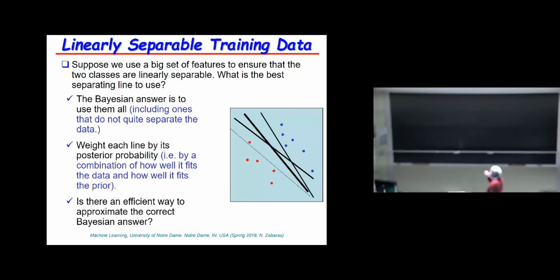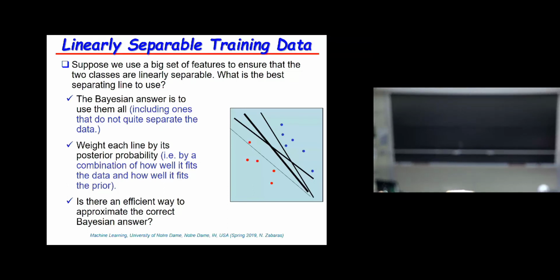If you look at this data here, these blue points are class 1, and the red points are another class. You will see that these dark lines are all possible solutions. All of them are acceptable classifiers because they precisely separate the blue points from the red points. In some way, you can say that even this line that makes a little bit of a mistake may be an acceptable solution.